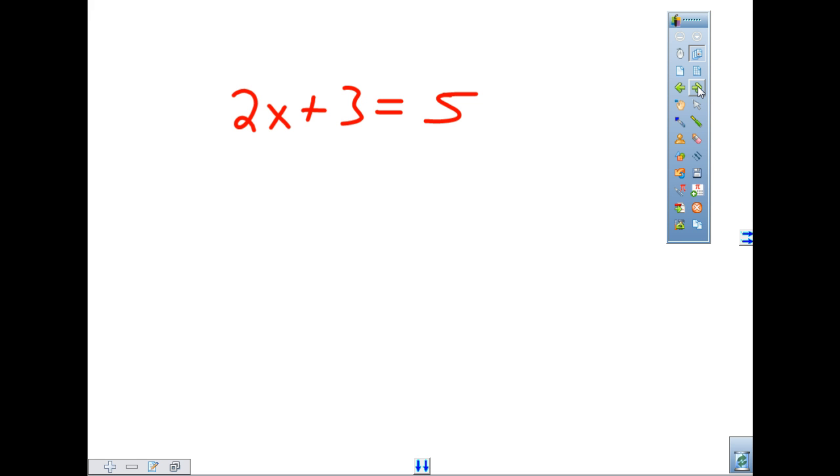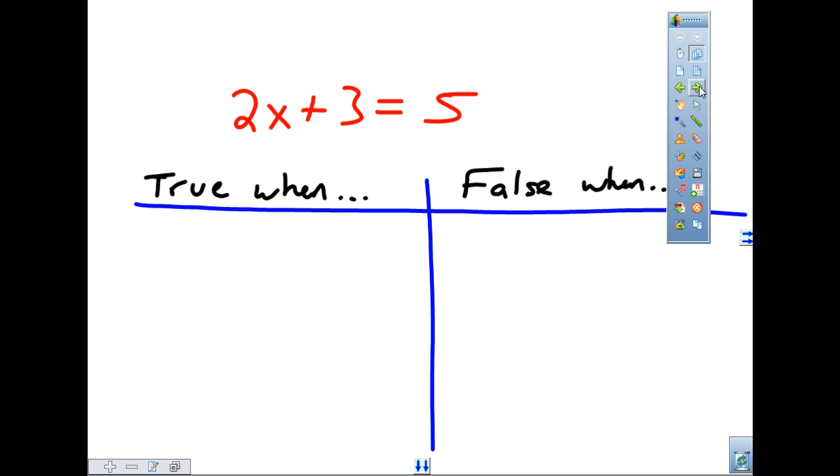Right? So the question becomes, when is this equation going to be true and when is it going to be false? We'd like to determine that for any particular value of x. Right? So out of any possible value that we could choose for x, when is it going to be true? When is it going to be false? And so far, what we have found is that it is true when x is equal to 1, but it is false when x is equal to 2. But what about when x is equal to 3?